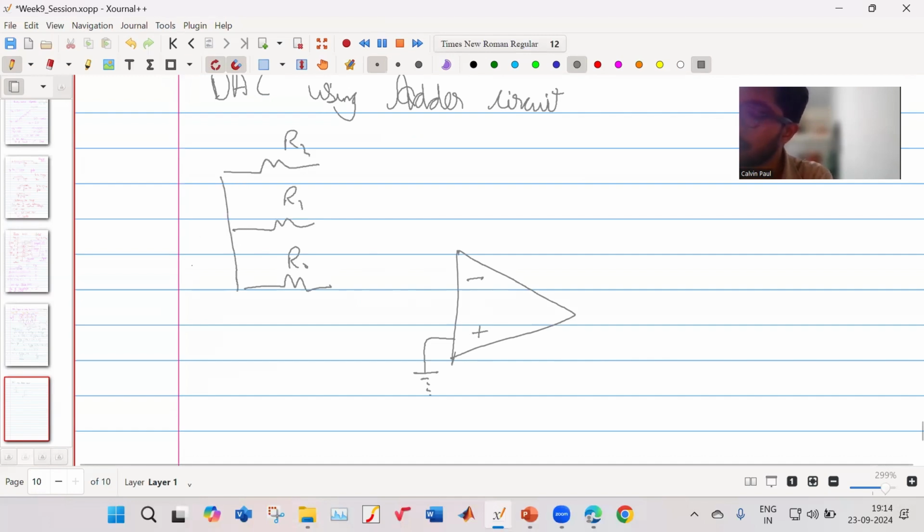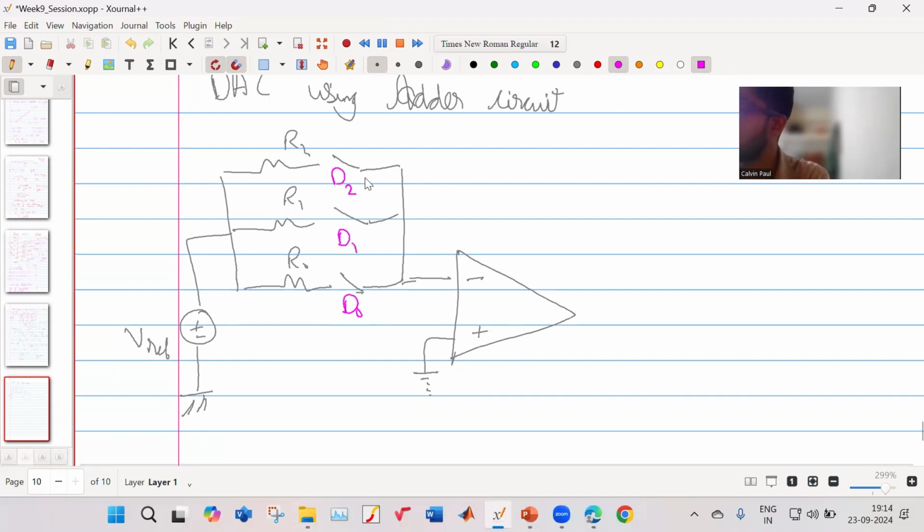All are connected to some same point, some Vref. Okay. And all are connected to the same point. Only there are switches D0, D1, D2. Okay. This is some R. This is your V output.